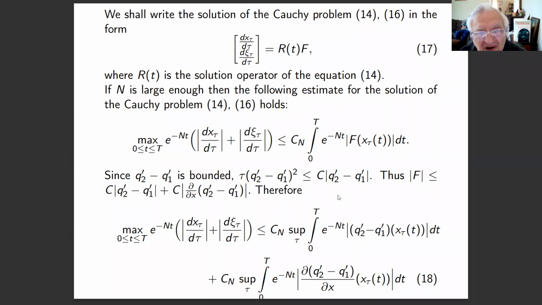So we will write the solution of the Cauchy problem in operator form as R of T F, where R of T is the solution operator of the equation for these derivatives.